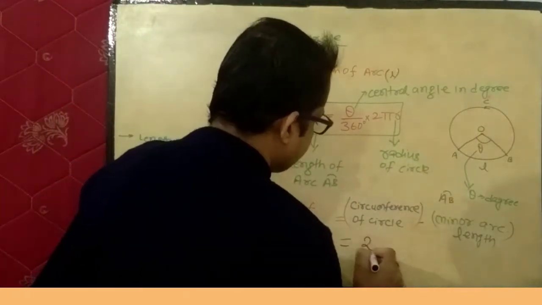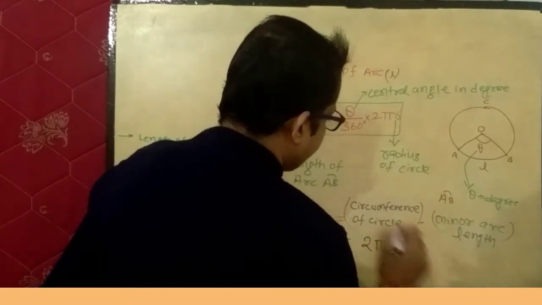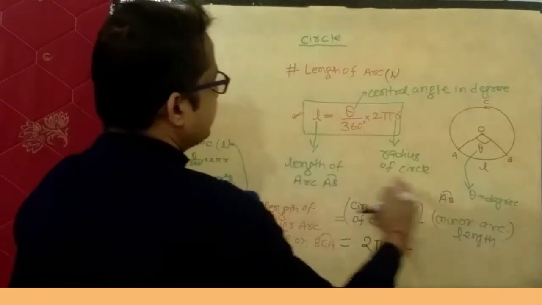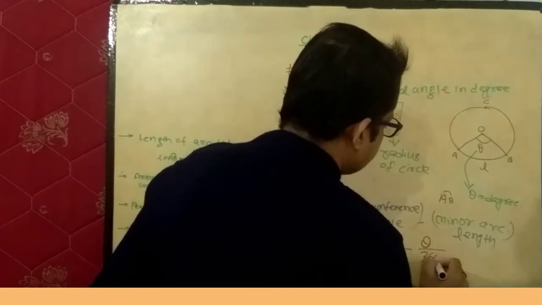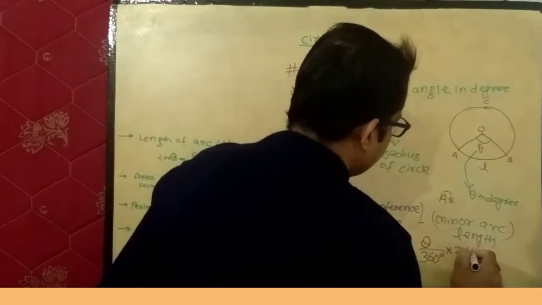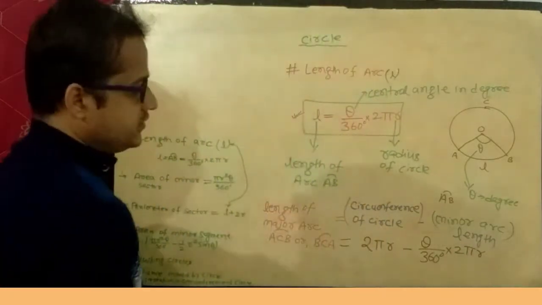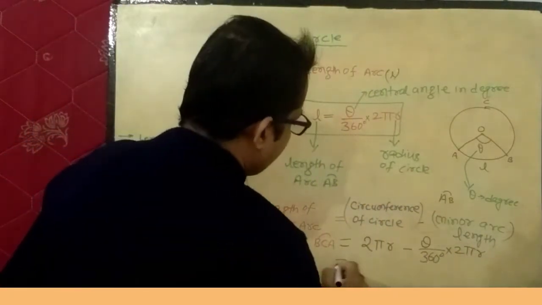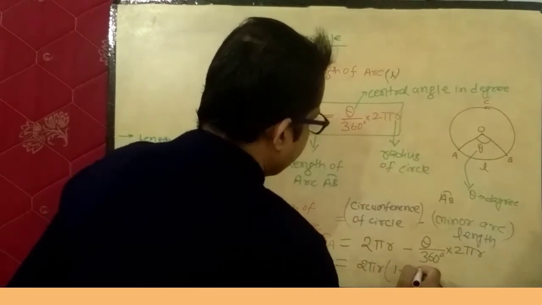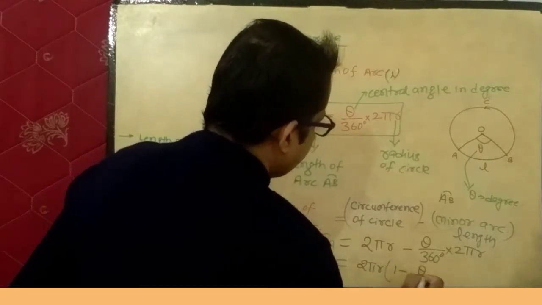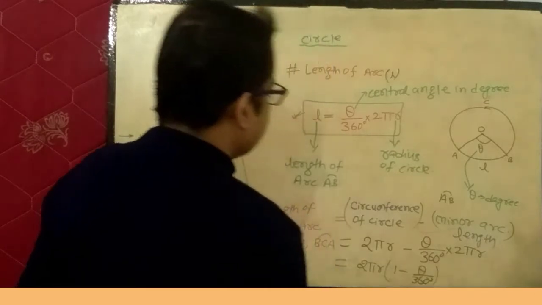So circumference of circle equals 2 pi r, minus minor arc length, which equals theta upon 360 degrees into 2 pi r. 2 pi r and 2 pi r are common. So 2 pi r bracket 1 minus theta upon 360 degrees.